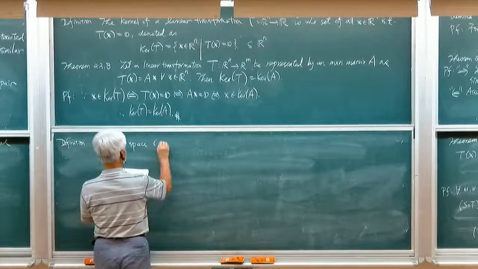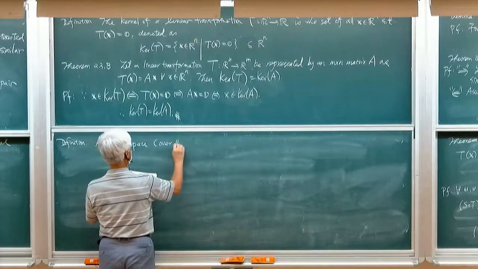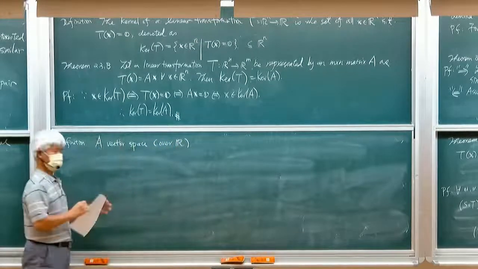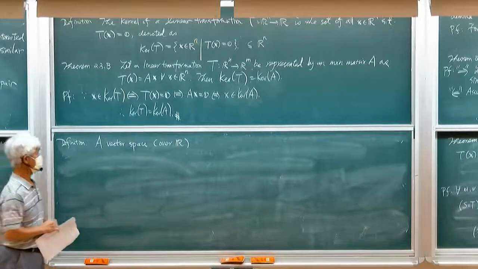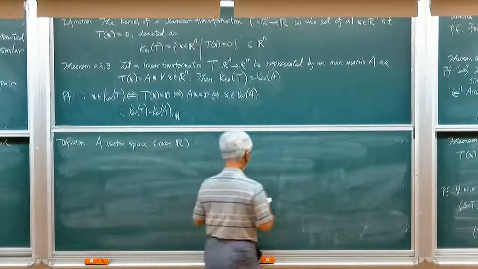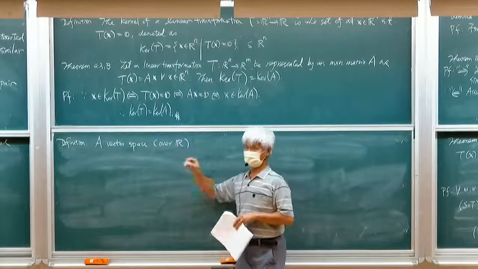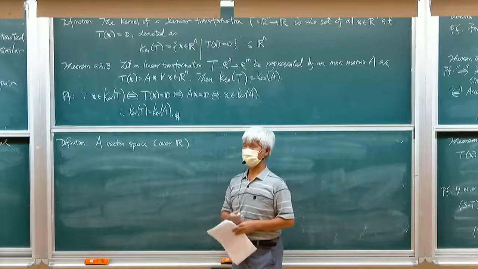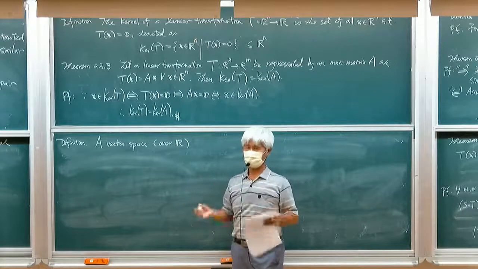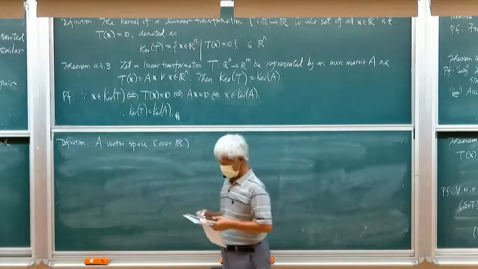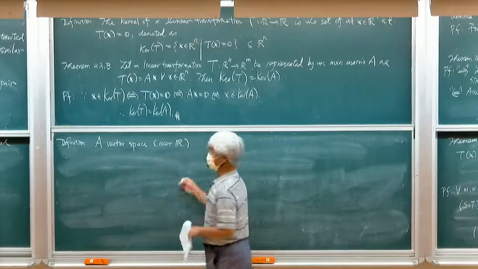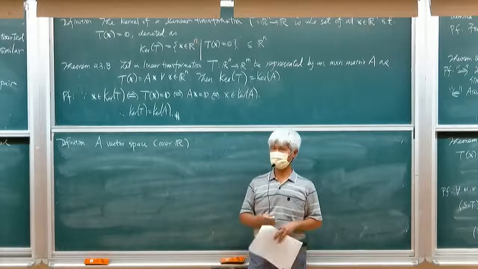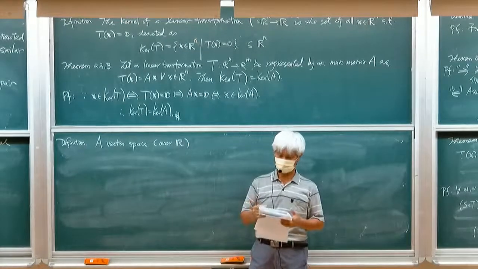A vector space over R. Currently, we can omit "over R" because we talk about real vectors, real matrices, everything is real. But later on, we will see that we can work over complex numbers, complex matrices, and a lot of things.